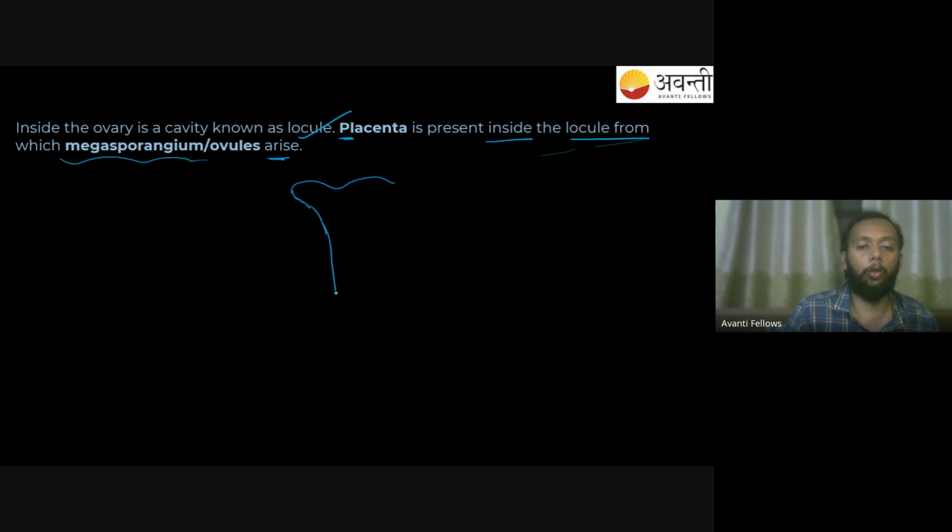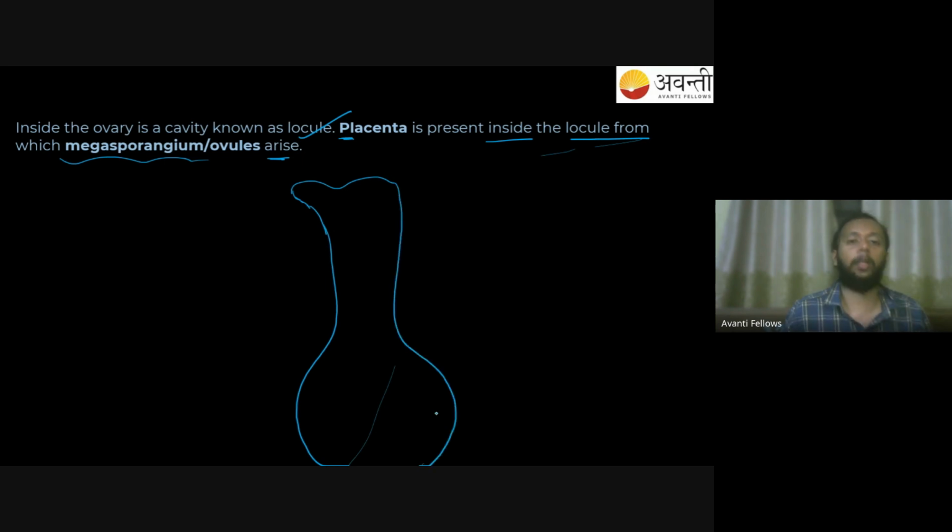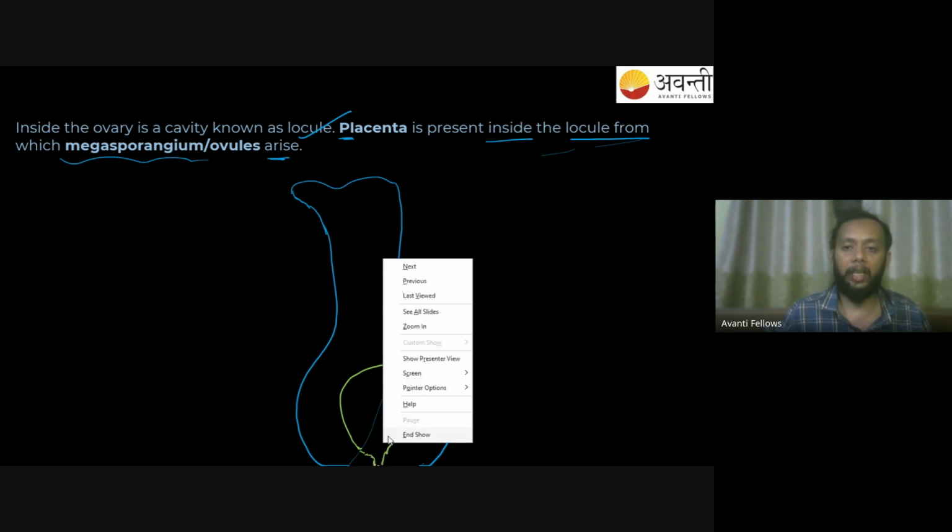You have a long stalk and then you have an ovary over here, in the bottom area. Now what happens inside the ovary? You'll have the ovule. Now if you just randomly draw an ovule over here, a big ovule, this ovule will be attached at the base of the ovary.